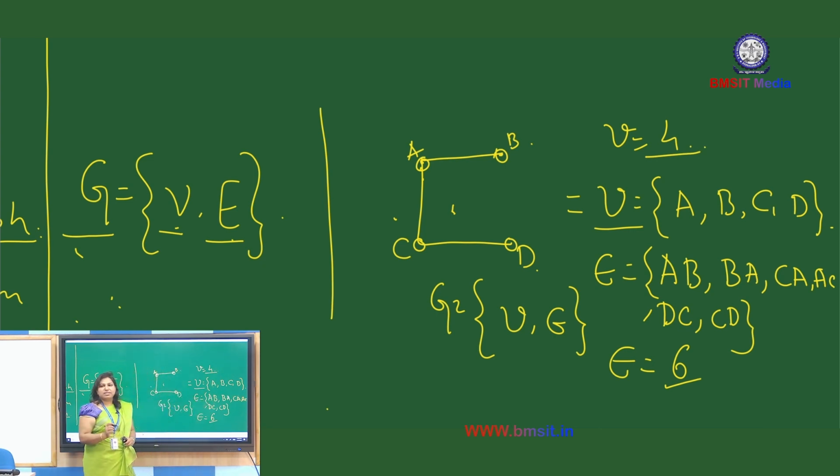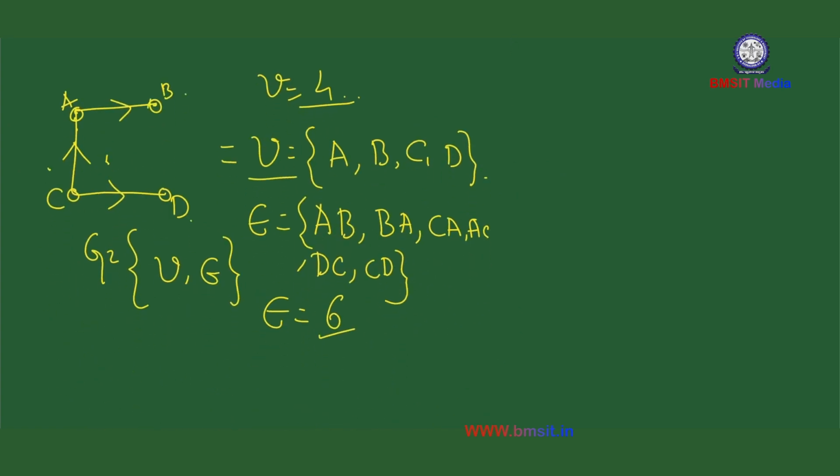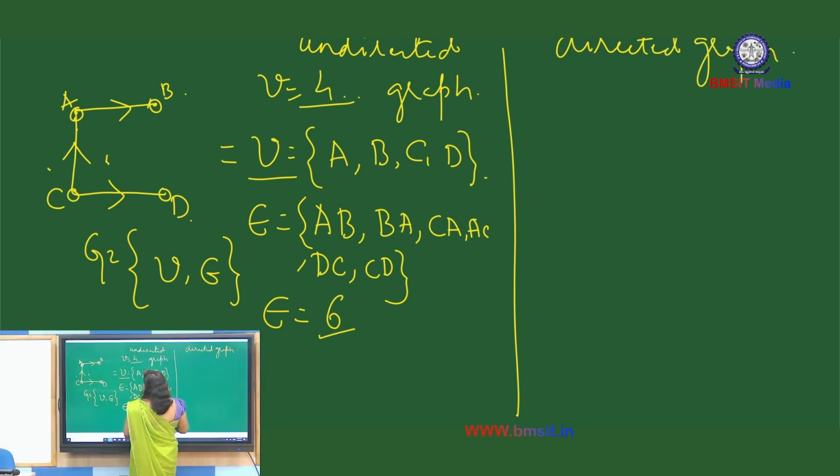For the same graph, if I mark it with arrow marks like this, how many edges and how many vertices are there? This one is an undirected graph, and this one is a directed graph. Now I have represented arrow marks here.